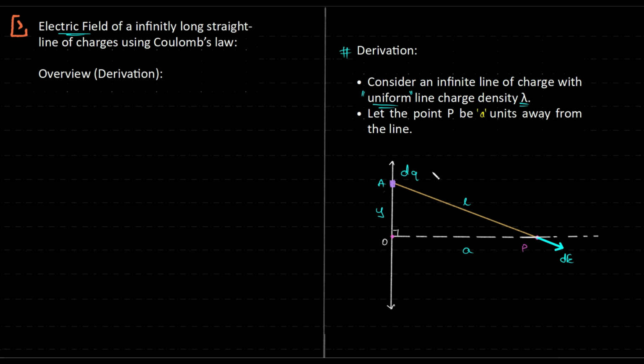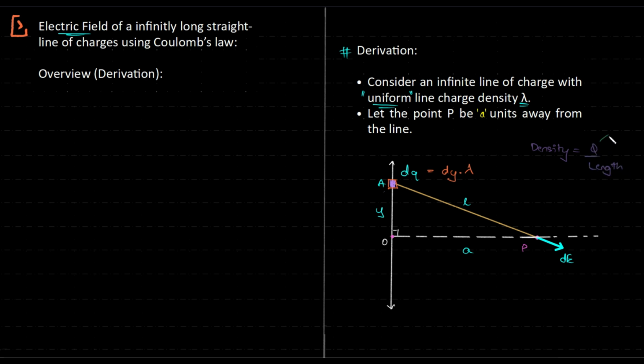Now, let's express dq in terms of lambda. So what will that be? If I consider this length as dy, length into density will give us the charge in this space. Simple as that. I hope you guys remember the formula. Density is equal to charge by length.